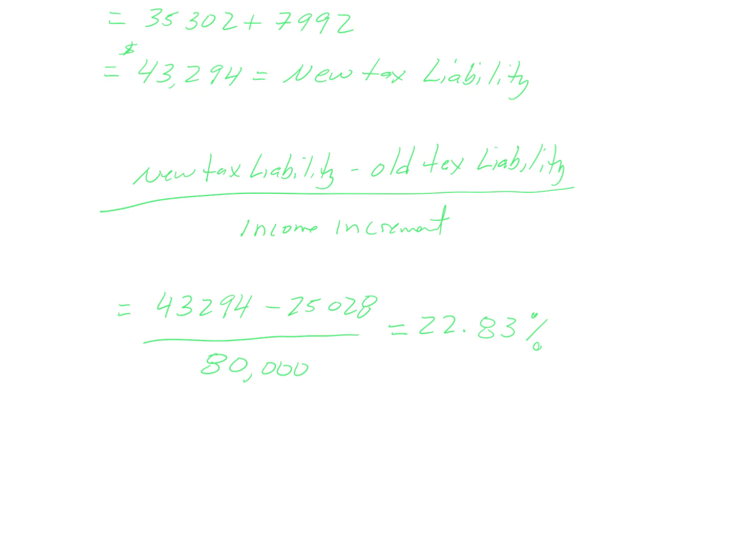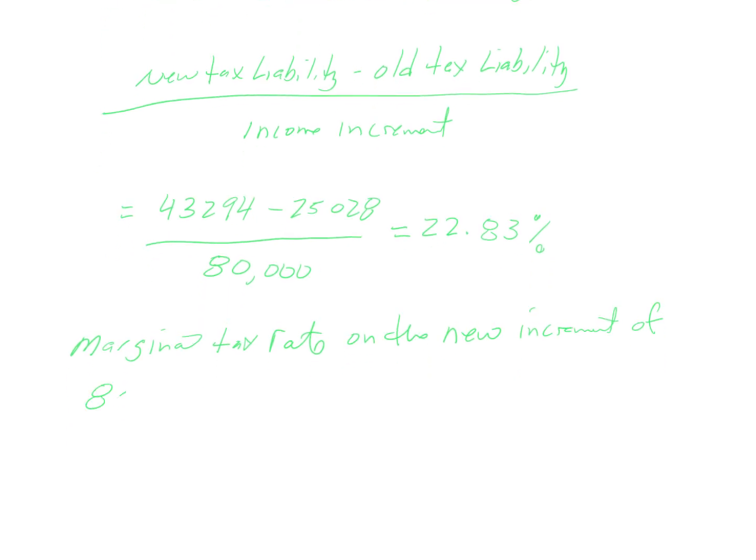And remember that 22.83% is the marginal tax rate on the new increment of $80,000 of additional taxable income.